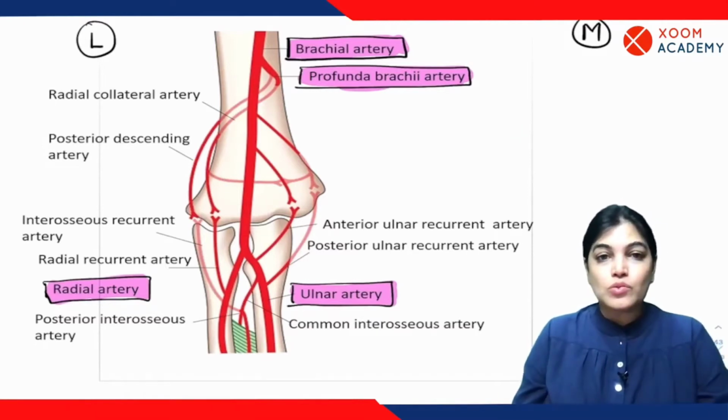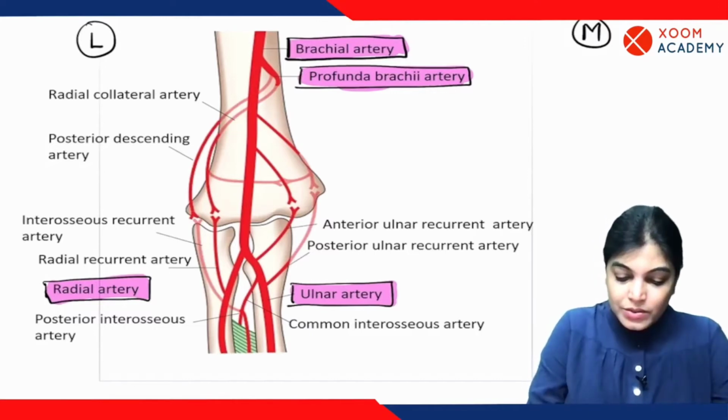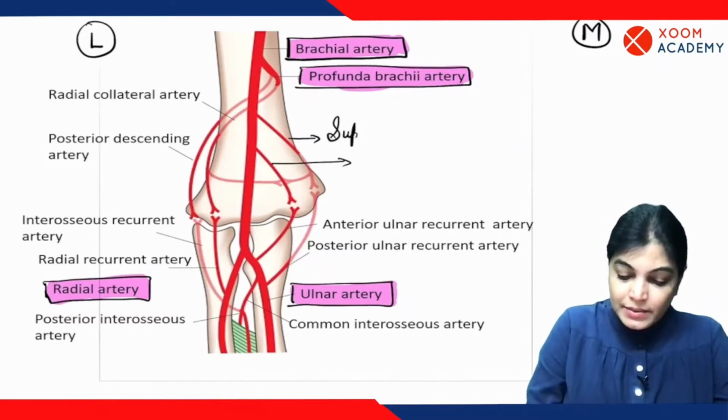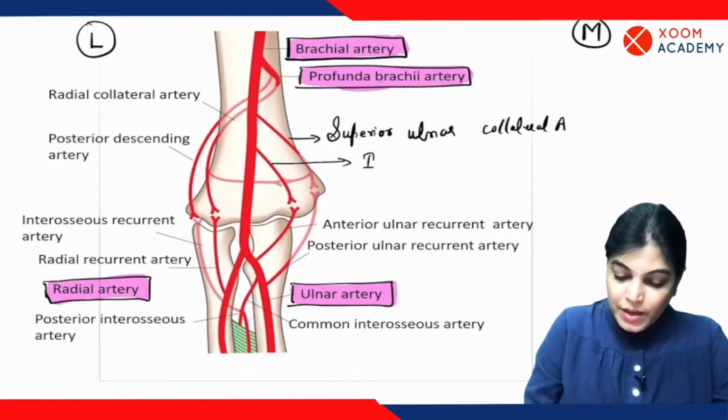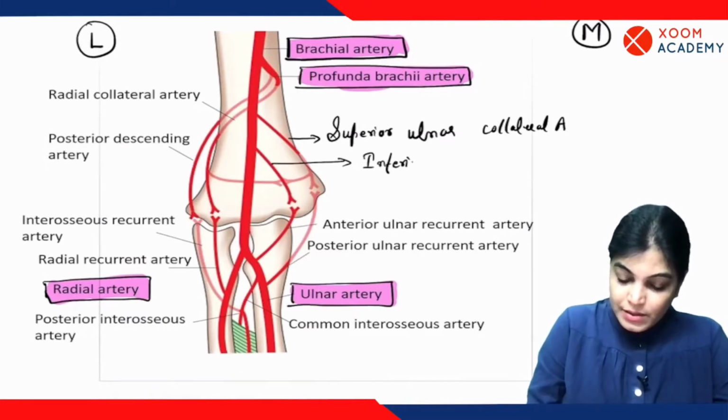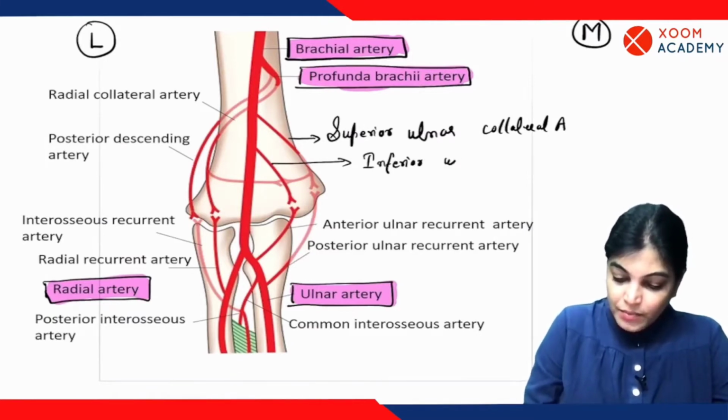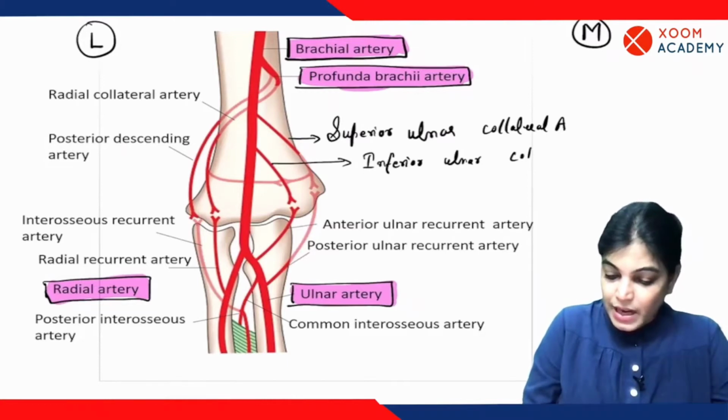Now, I also want to name two arteries which are not labeled here. The one which is lying above is the superior ulnar collateral artery. The one lying below is the inferior ulnar collateral artery.